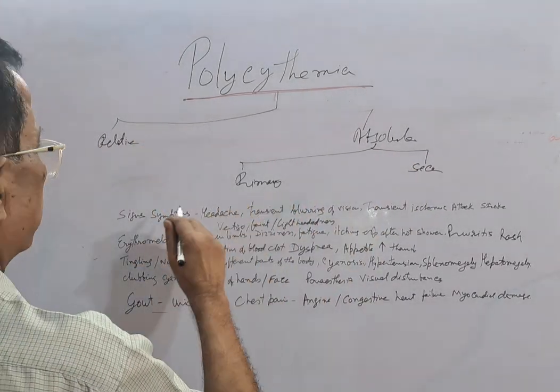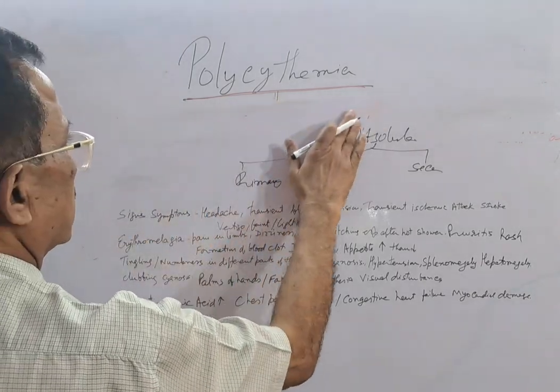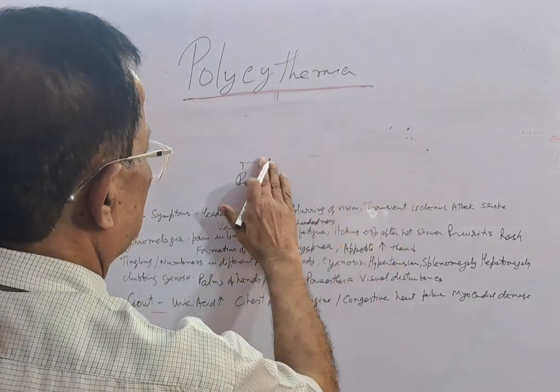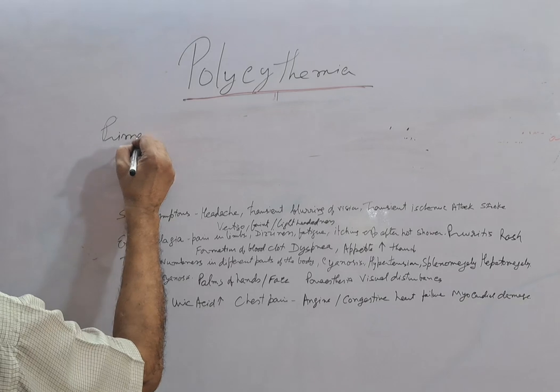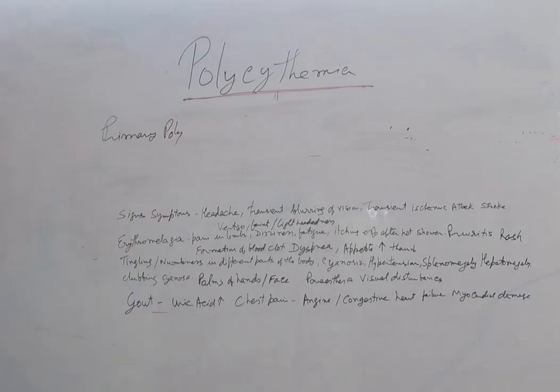In primary type of polycythemia, the defect lies in bone marrow.